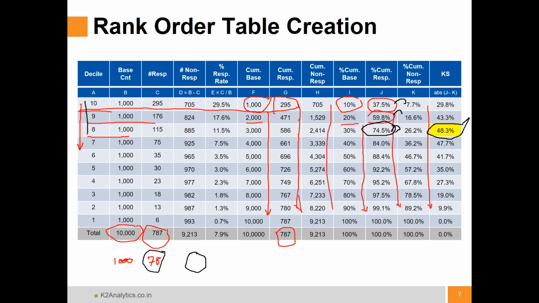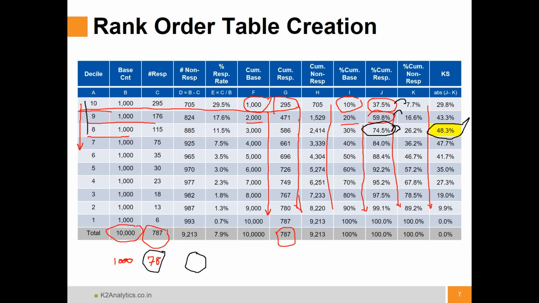By not targeting the bottom 70, you're going to lose 27-28% of your responders. But for losing that 27-28, you're saving the cost of 70% of base. Right? So that 1-point statistic quickly helps you know how good the model is.